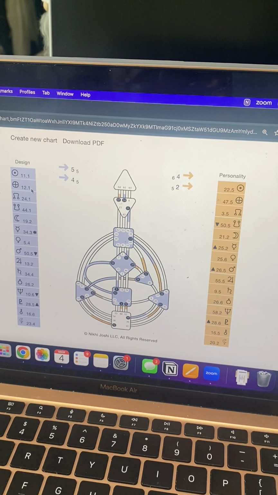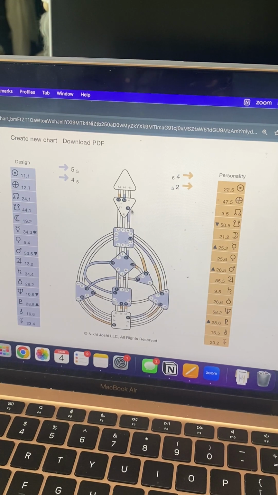I've talked about gate 12 and gate 22, but I also want to talk about gate 11 and 47. Gate 11 is up here in this upside down triangle, the ajna, your center of mental consciousness. When this is defined or colored in, you can have a very rigid or fixed way of thinking.